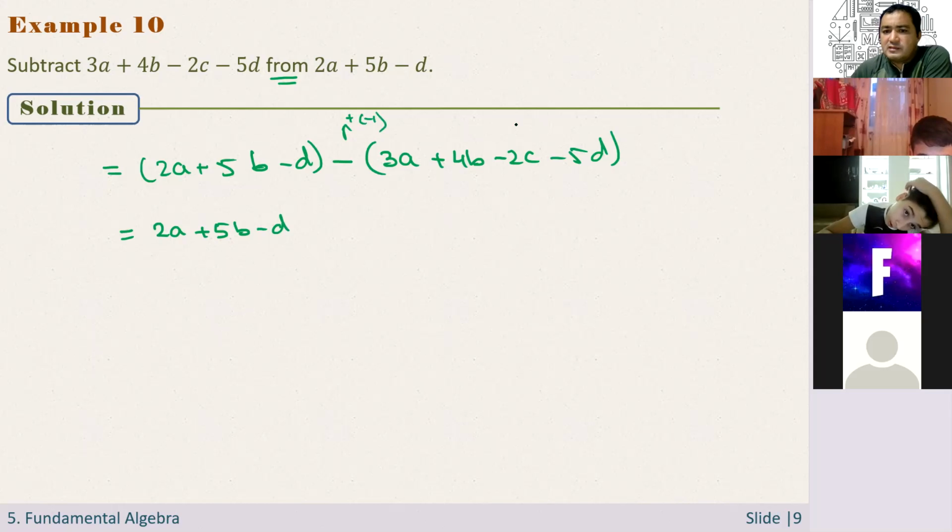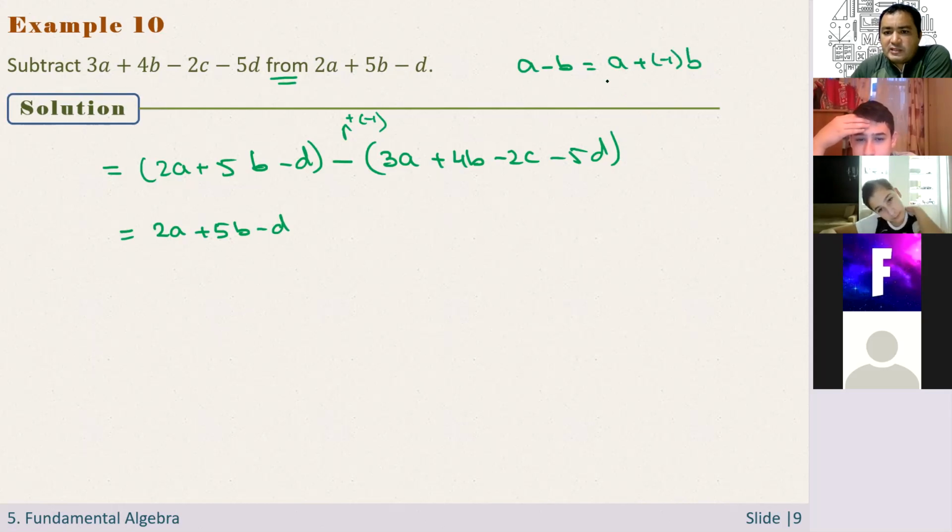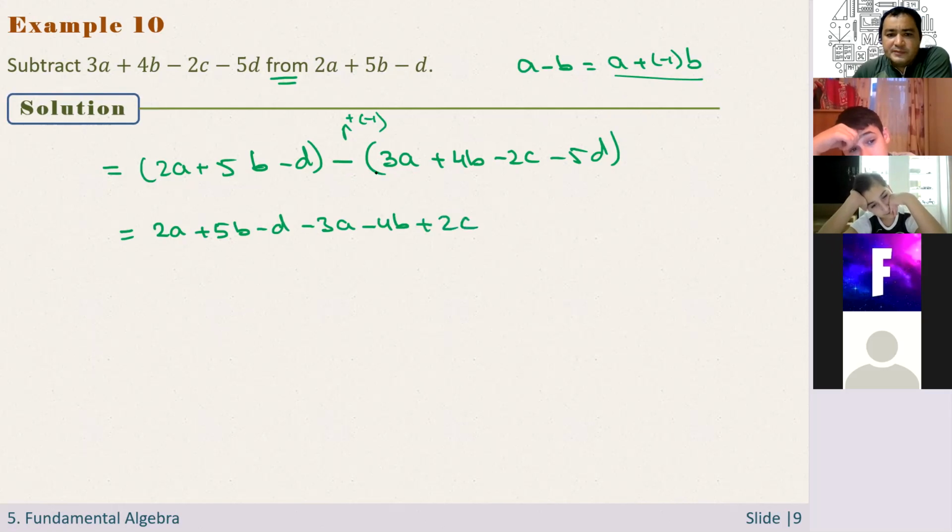I can write it as A plus negative 1 times B. So negative times 3A is minus 3A. Negative times plus 4B is minus 4B. Negative times negative 2C is plus 2C. Negative times negative 5D is plus 5D.